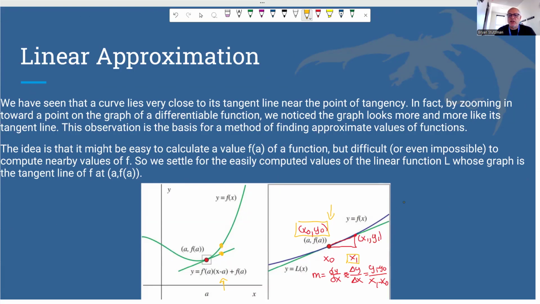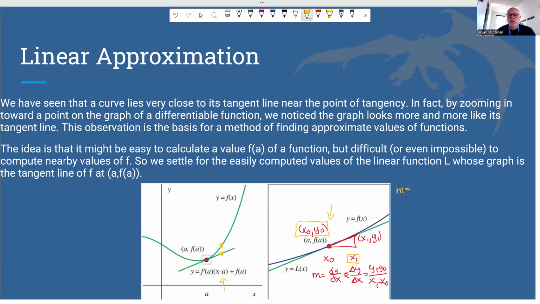How do you get that approximation? Well, slope is dy over dx, or approximately the change in y over the change in x, which we calculate by subtracting the new y value minus the old y value.